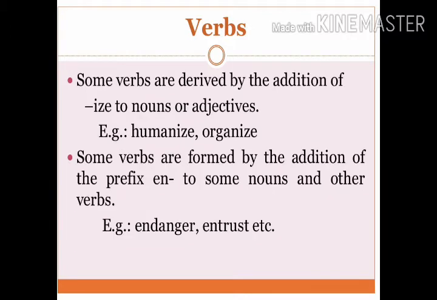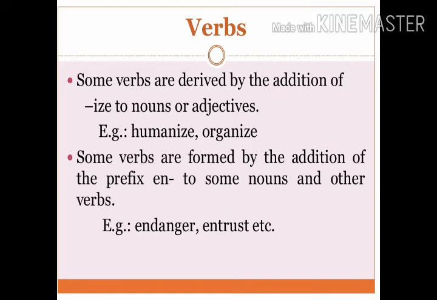Again, some verbs are derived by the addition of ize to nouns or adjectives. For example, if we add ize to the adjective human, we get the verb humanize. Some verbs are formed by the addition of the prefix en to some nouns and other verbs.